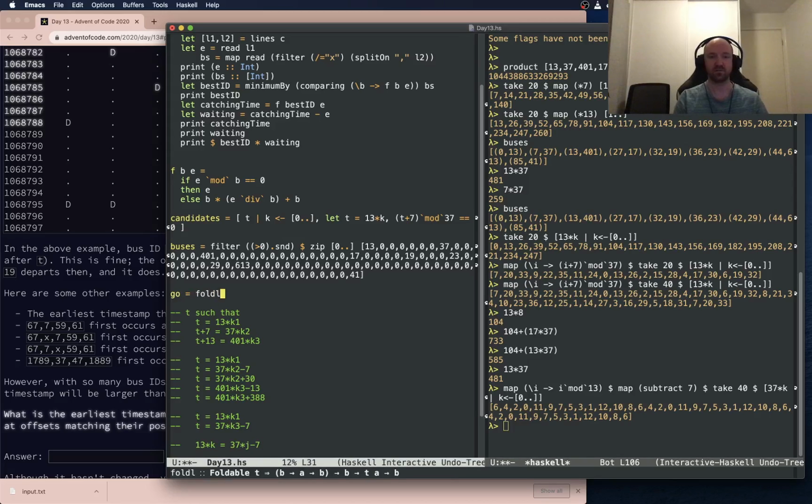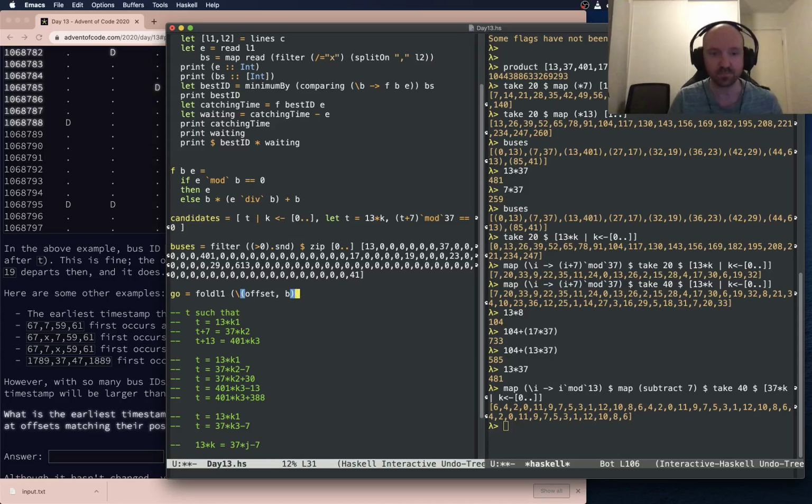I'm going to fold over these bus things. So each bus is defined by an offset and the bus ID, call it B. And what we want to compute is what?